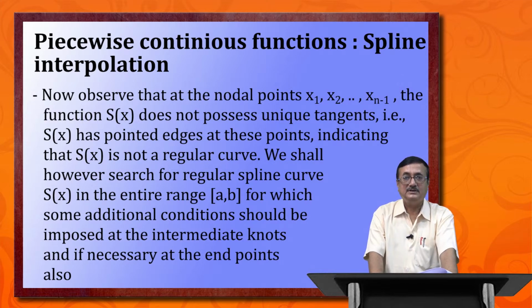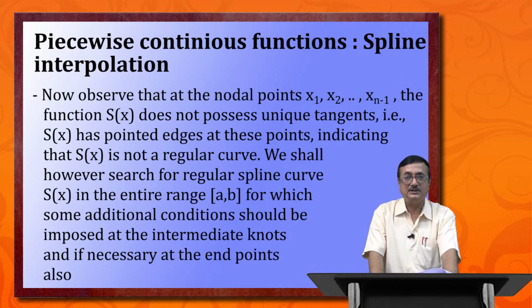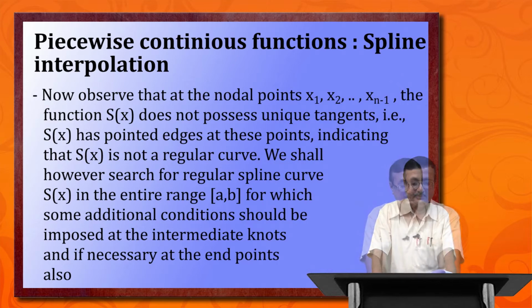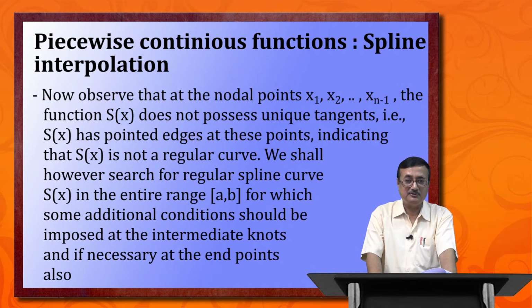We have here some sharp edges at the internal nodal points. So there is no unique tangent at those points, indicating that S(x) is not a regular curve. We require a regular curve S(x). So we have to impose some constraint at the internal nodal points.